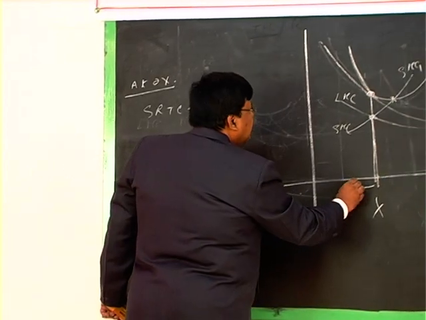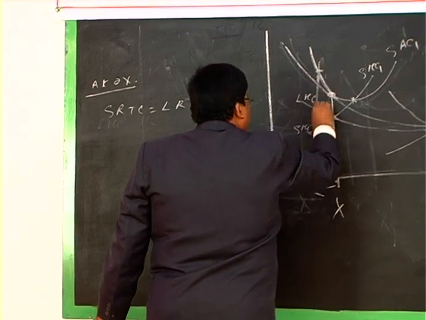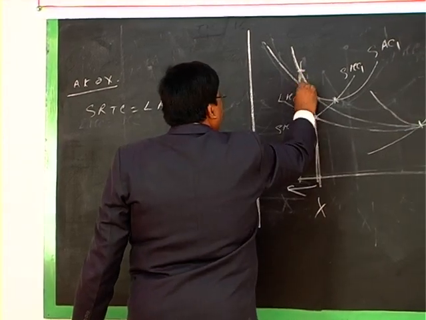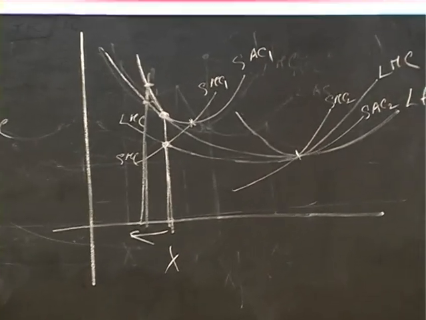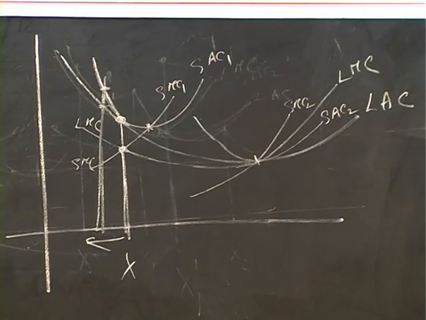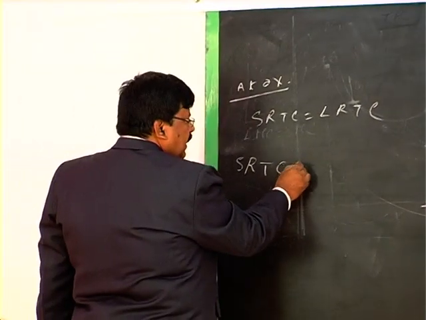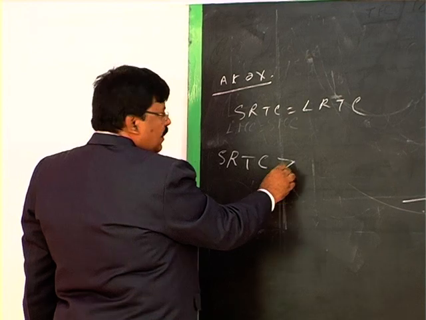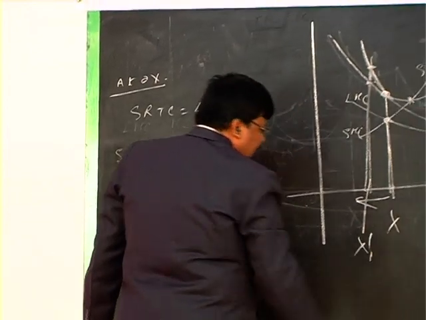And below this, for example, at this level of output, you will see that SAC is more than LAC. That means short-run total cost is greater than long-run total cost for output OX1 dash.